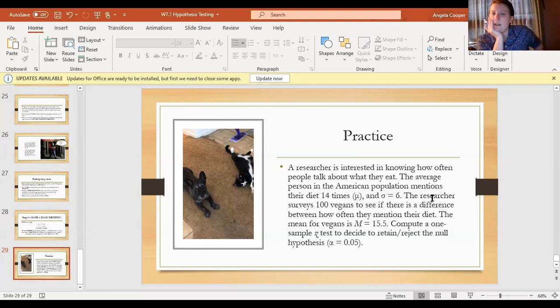The researcher surveys 100 vegans. That sounds like our sample size, so n equals 100, to see if there is a difference between how often they mention their diet from the average American population. The mean for vegans, so our sample mean here, is equal to 15.5.